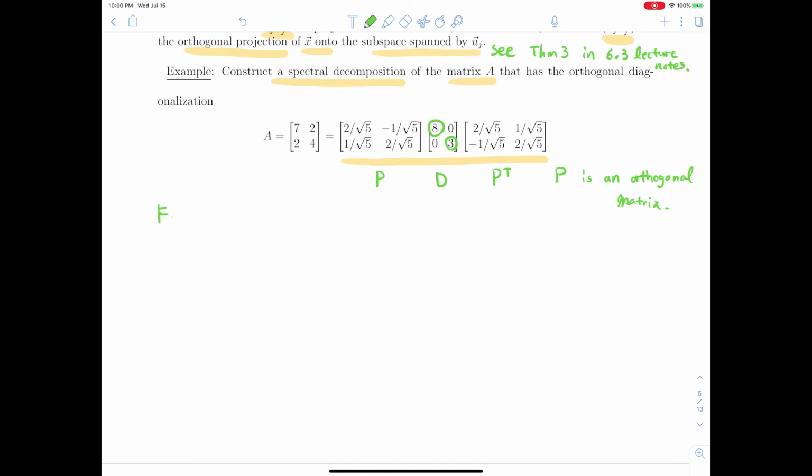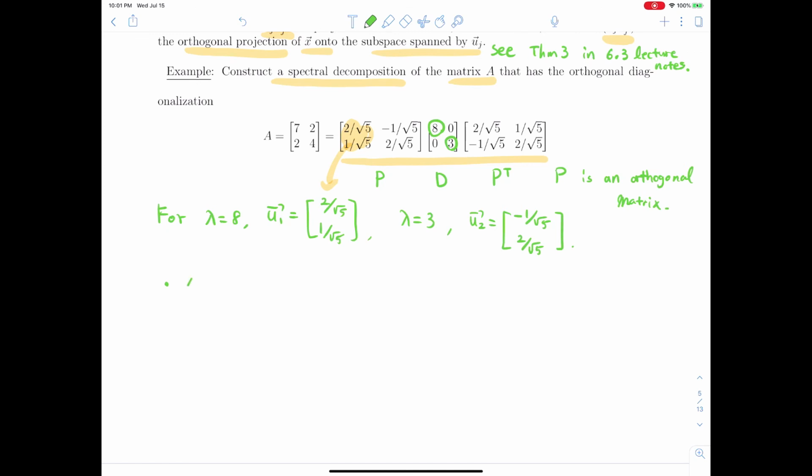For lambda equals 8, we have u1, the eigenvector that corresponds to this one. So this equals 2 over square root of 5, 1 over square root of 5. And for lambda equals 3, we have u2 as the second column, which is given by negative 1 over square root of 5 and 2 over square root of 5.